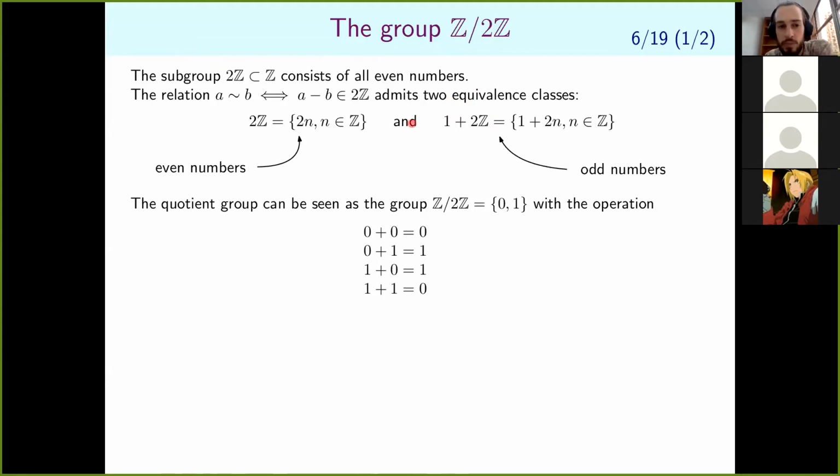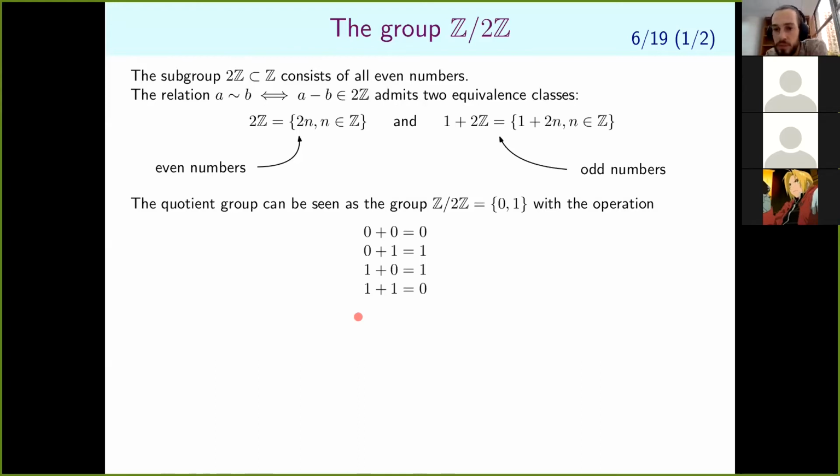It can be written 1 plus 2Z, and this is the set of all odd integers. So my quotient group, Z over 2Z, has only two elements, and the whole operation is given here. This is Z over 2Z.